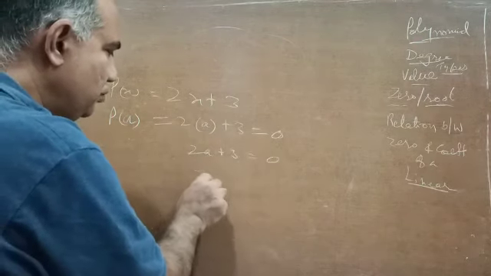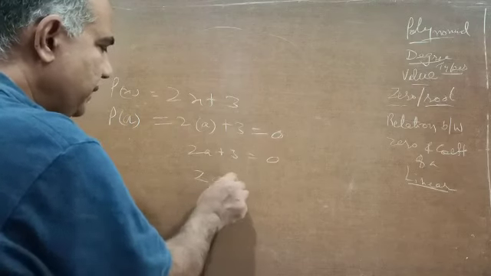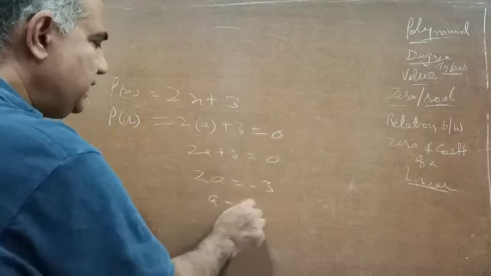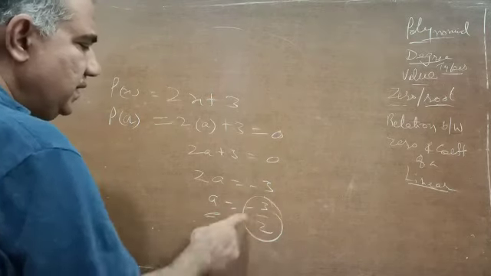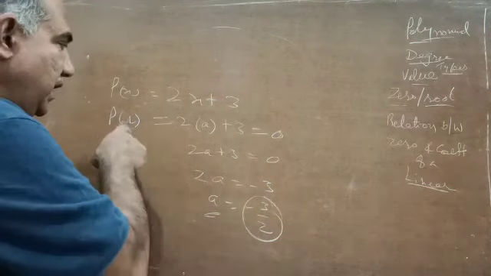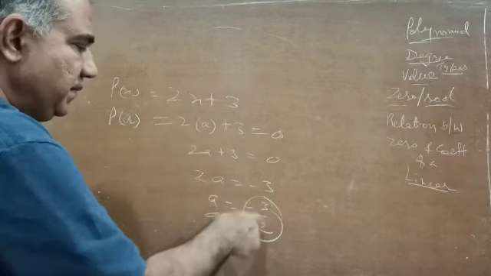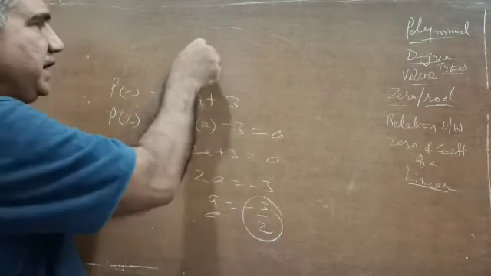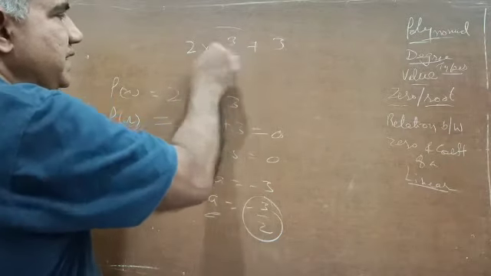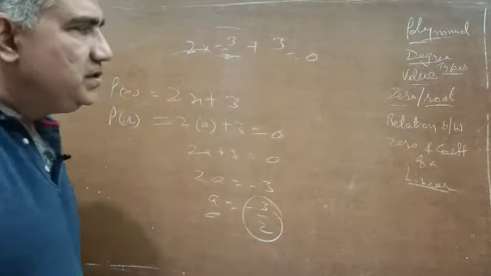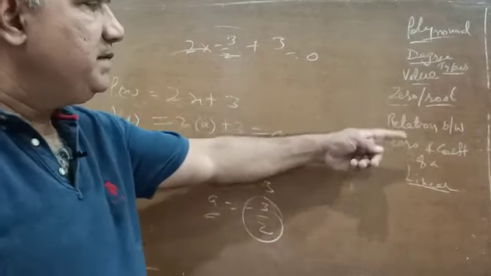Now it becomes 2a is minus 3, or a is minus 3 by 2. By putting it here, 2 into minus 3 by 2 plus 3, this is 0. So this fulfils the requirement of the definition.